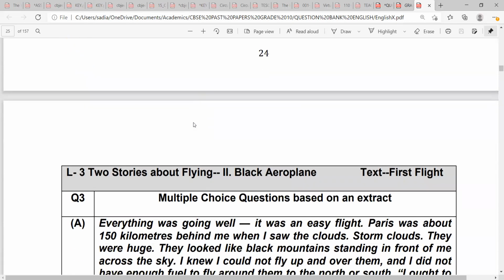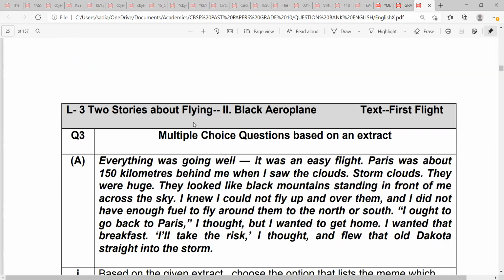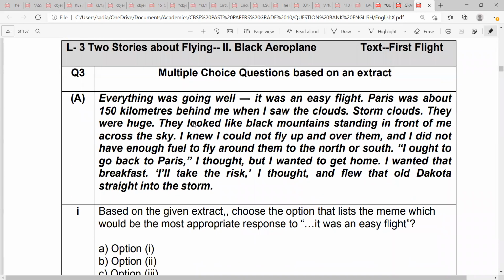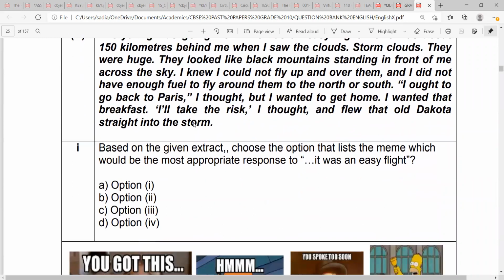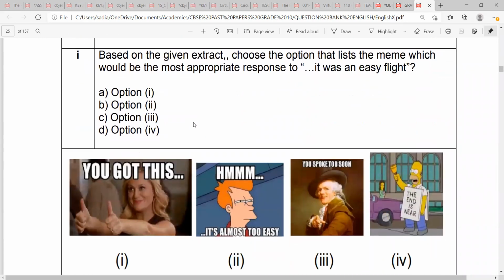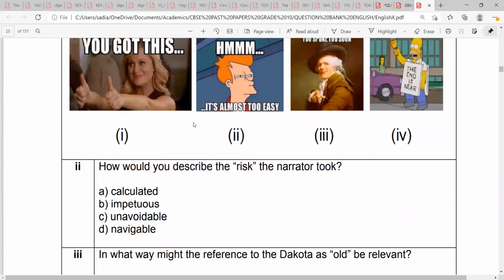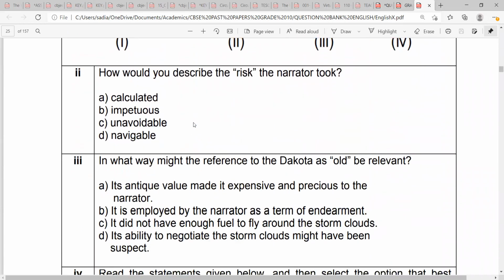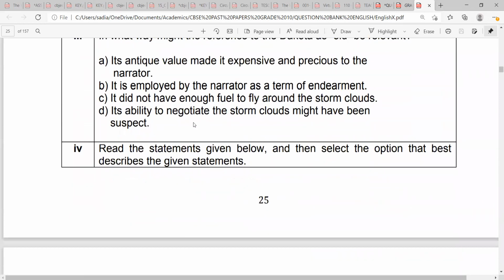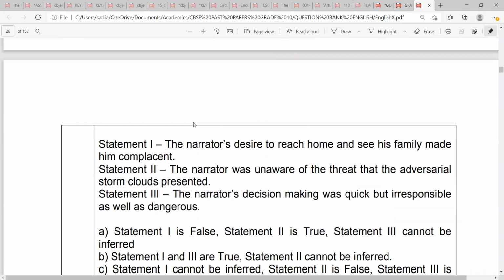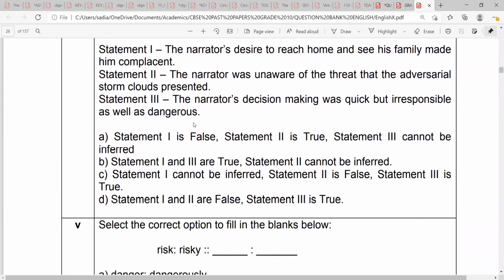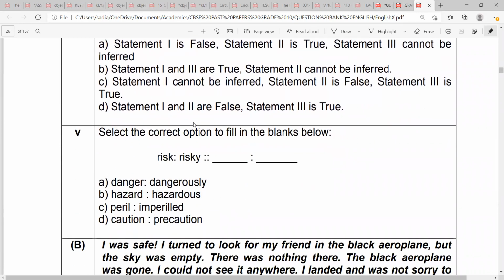The next lesson is Two Stories About Flying, Black Aeroplane, from the textbook First Flight. Read the text, answer the questions, look at the options. These are the MCQ questions for literature. Then analogy.